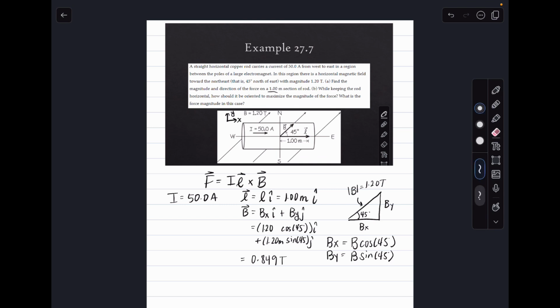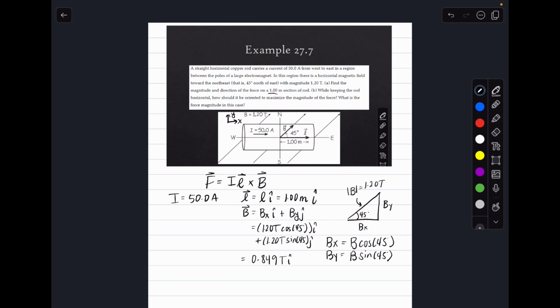What? I put meters here. I don't know why I did that. Obviously, it's Tesla. And sine of 45 is the same as cosine of 45, so we get the same value for the J hat.